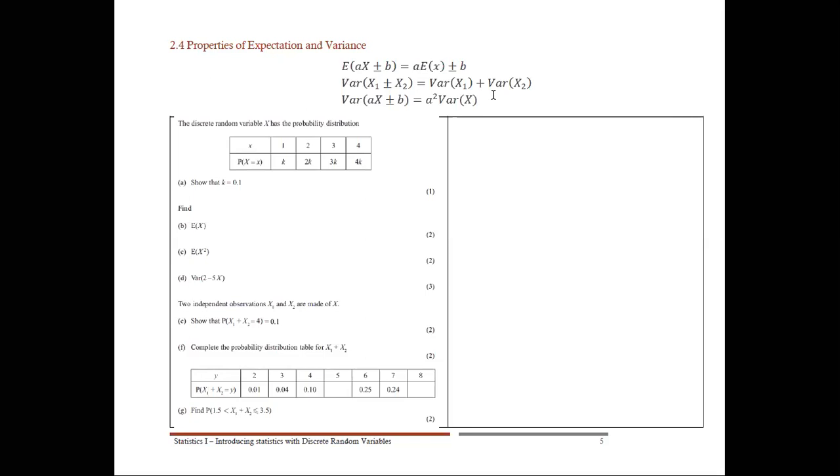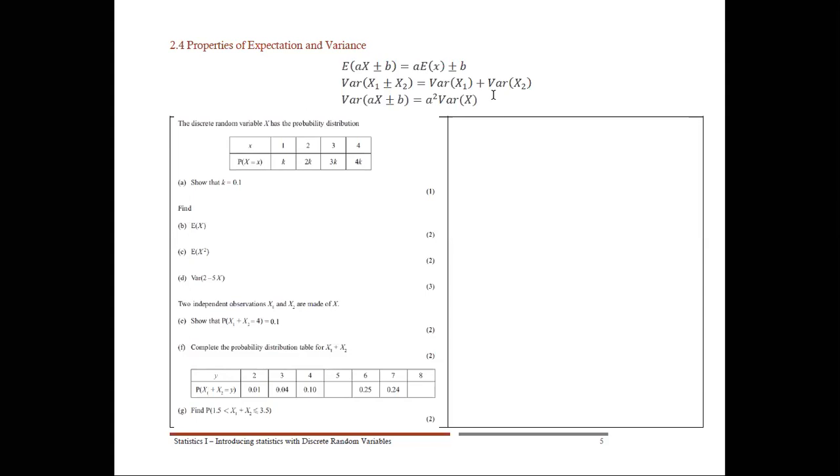Next, if I were to find the variance of two random variables, x1 and x2, the result will be the variance of x1 plus the variance of x2. So irregardless of whether it is plus or minus, variance can only add. I say again, irregardless of plus or minus, the variance will only add.